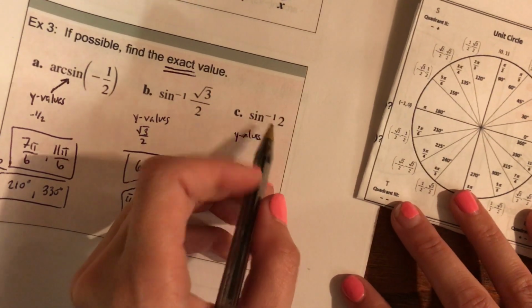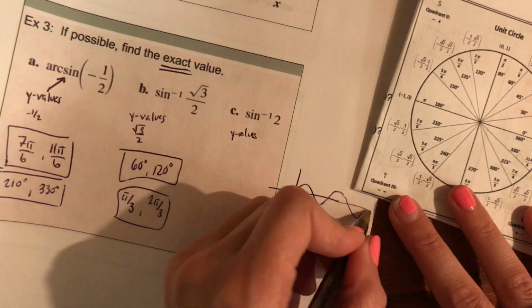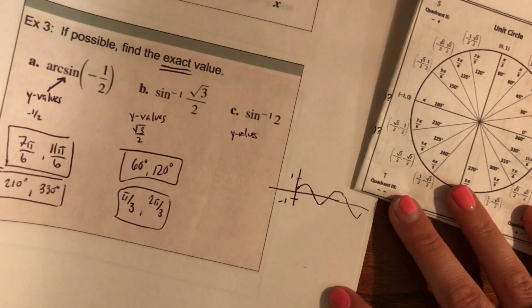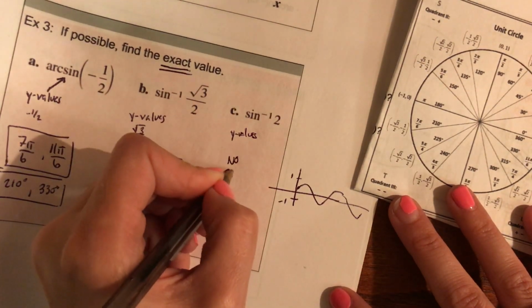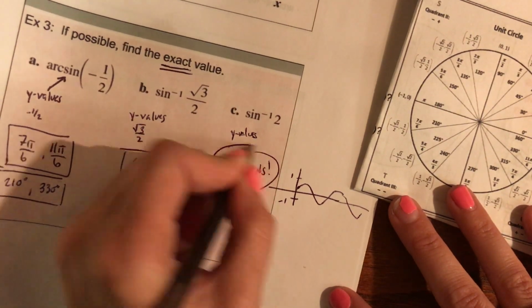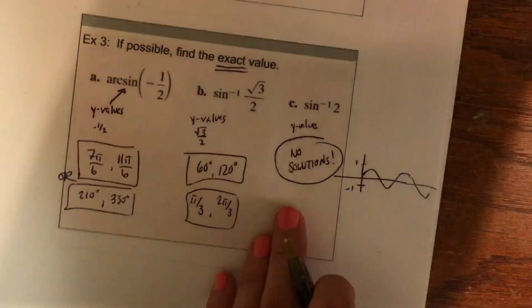But if you think about what a sine graph looks like, and we're going to do graphs of sine in more detail later, sine goes from 1 to -1, okay? So really this is no solution because it's out of the domain of our sine function. Okay. Alrighty.